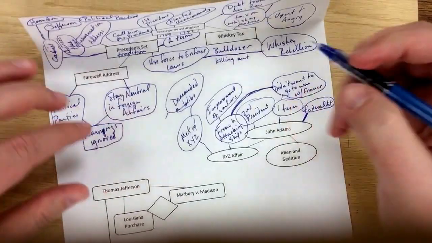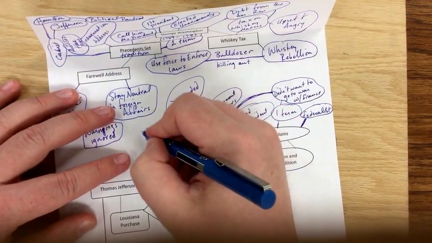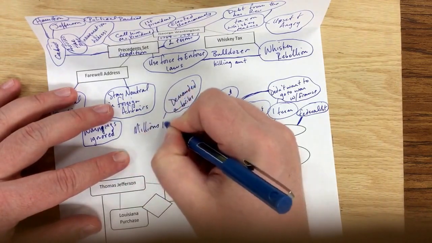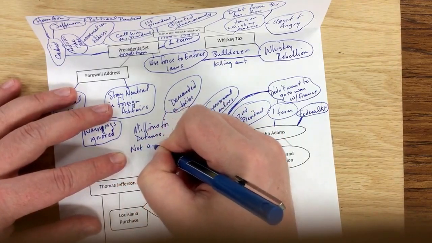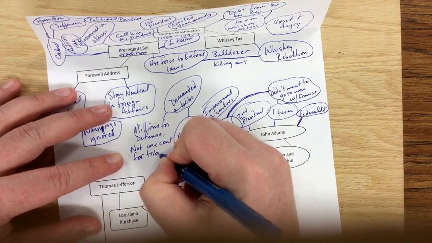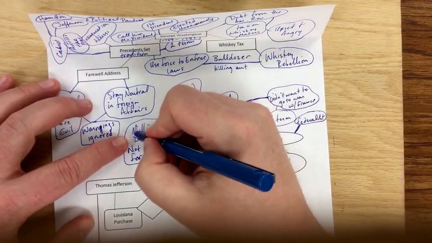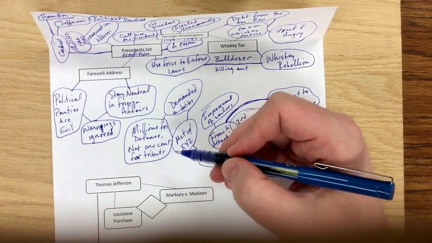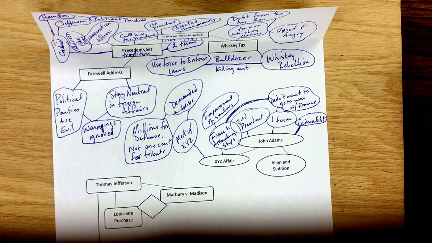Do you remember in that little cartoon, those three guys would say, "Millions for defense, not one cent for tribute." They mean that we will dump millions and millions of dollars into defending our country, but we are not even going to pay one cent for a bribe or for tribute.